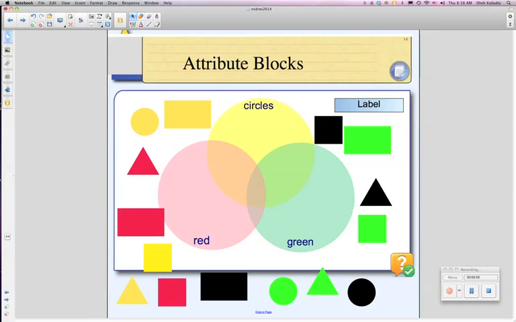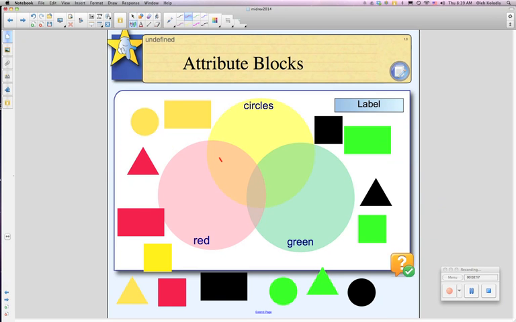Here we have three circles requiring different attributes. One is red, one is circles, and one is green. And so, for example, what will fall into this area will be circles that are red. Again, we don't have any. What will fall into this area here? Well, circles that are green. And we do have some green circles over here.